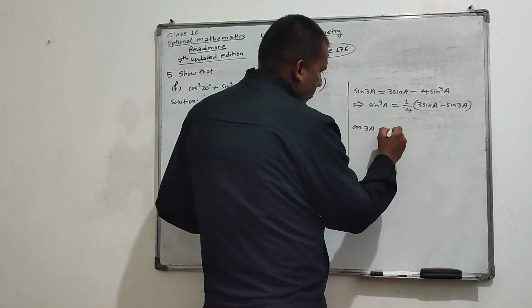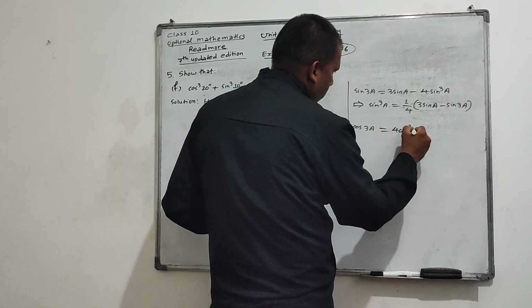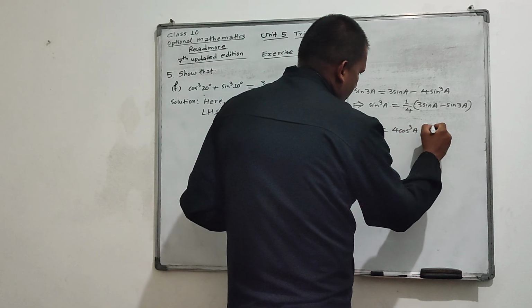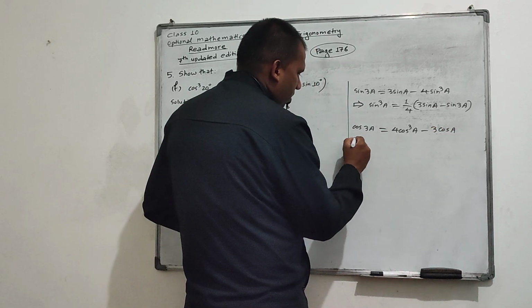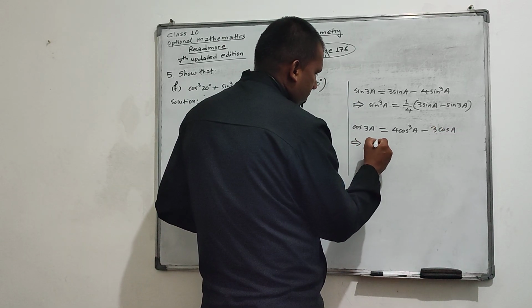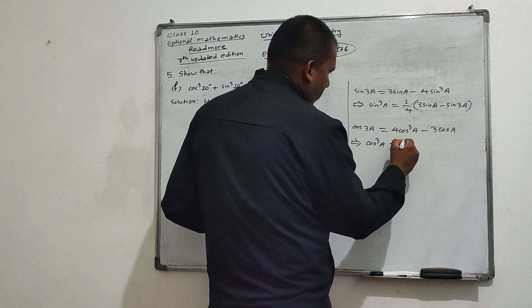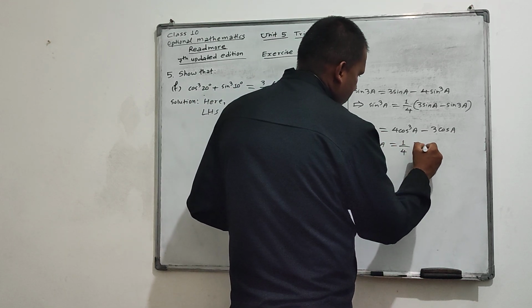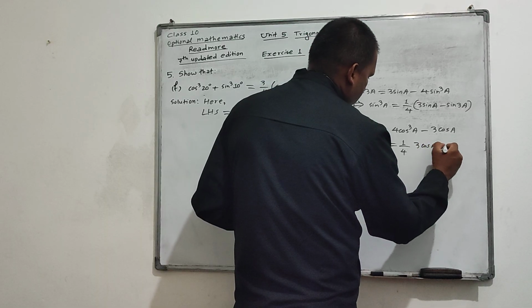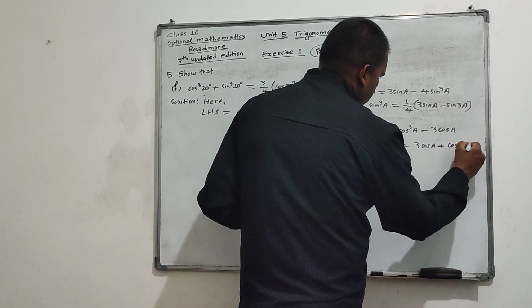Similarly, cos 3a equal to 4 cos cube a minus 3 cos a. From this we can get the formula of cos cube a: cos cube a equal to 1 by 4 times 3 cos a plus cos 3a.